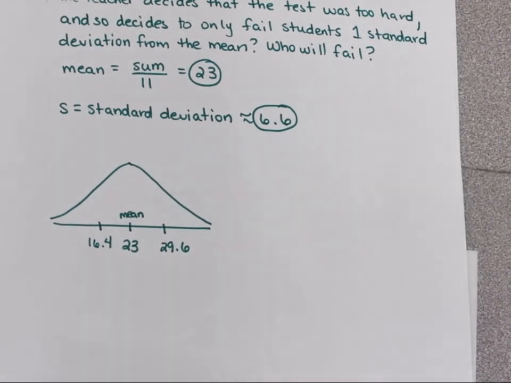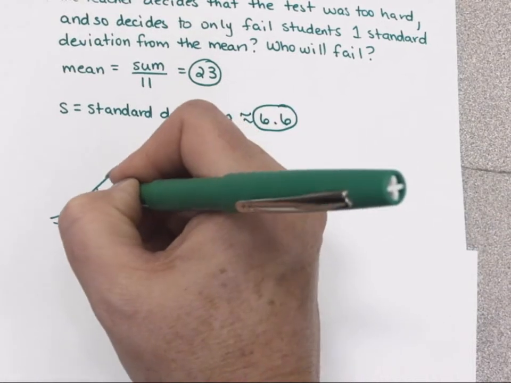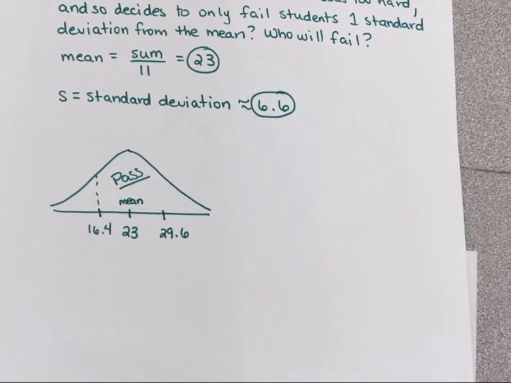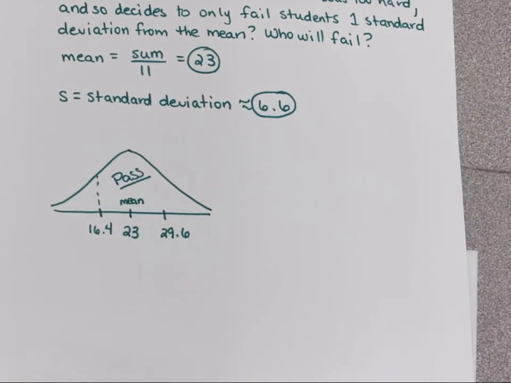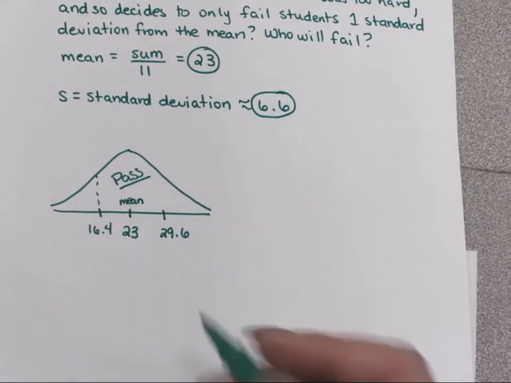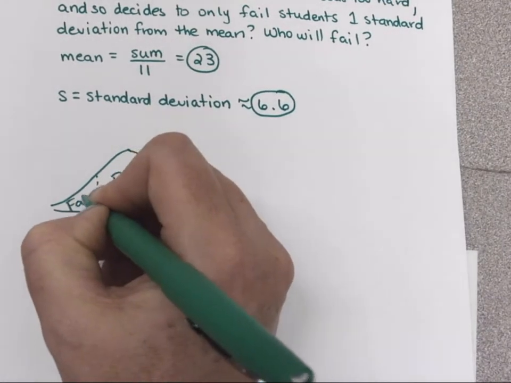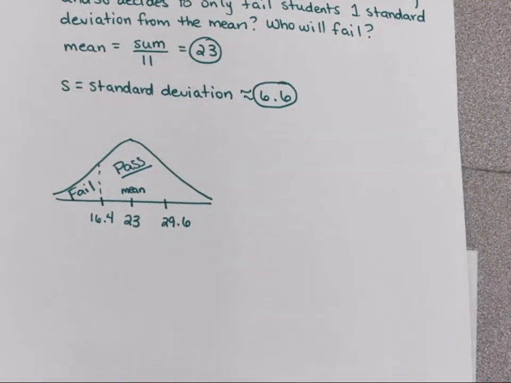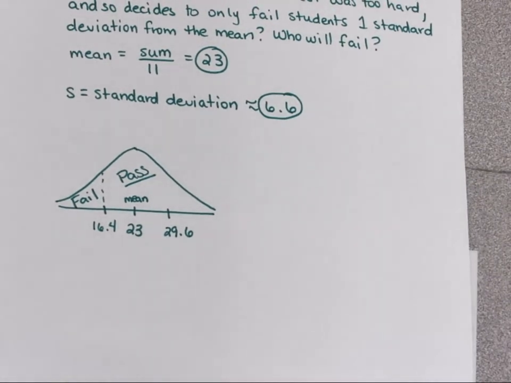Okay. So what that means is he's decided to pass all of these students that were above that line of 16.4, right? And he's going to fail all of these students. So in other words, which scores are going to fail?